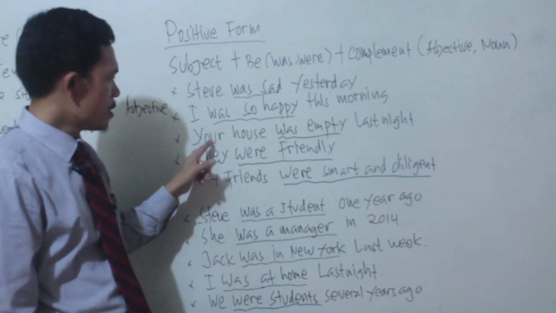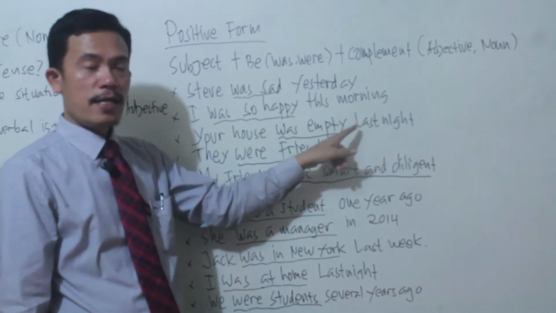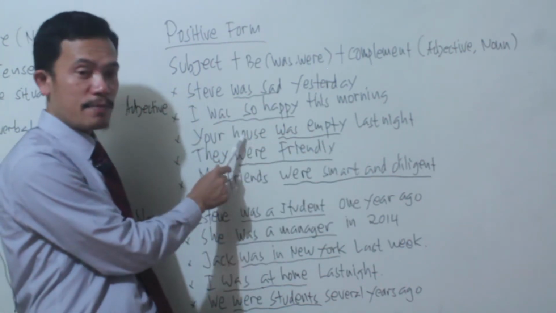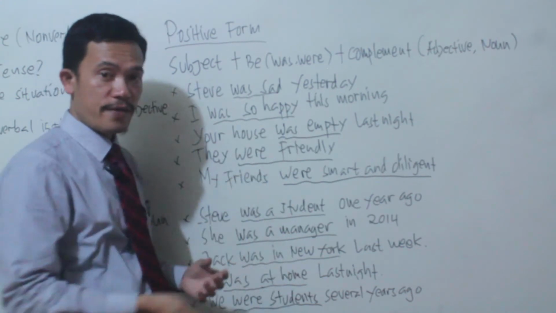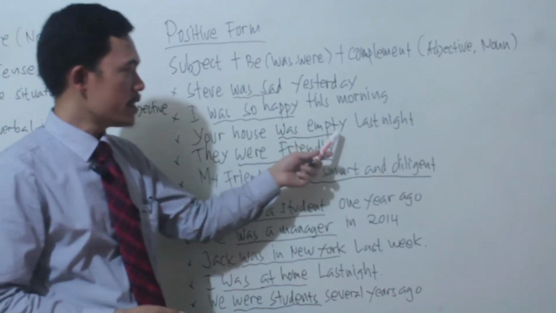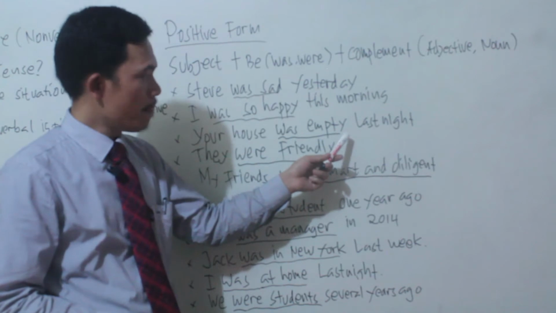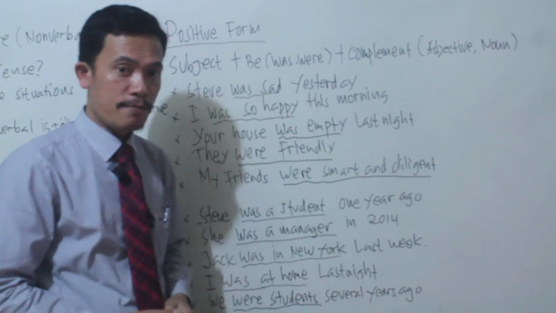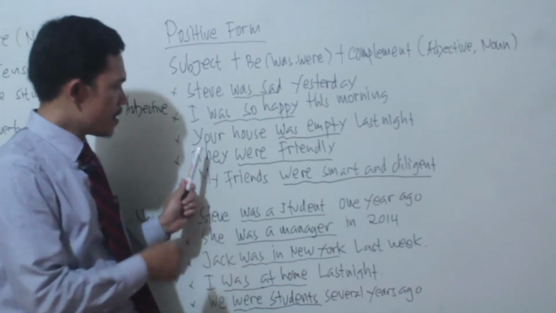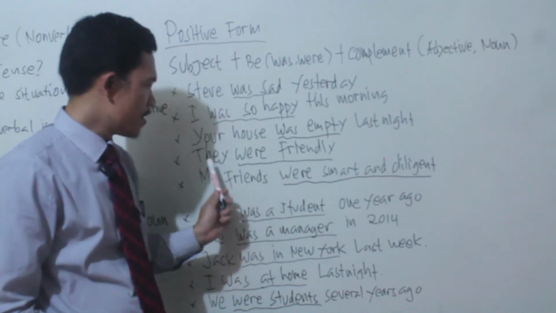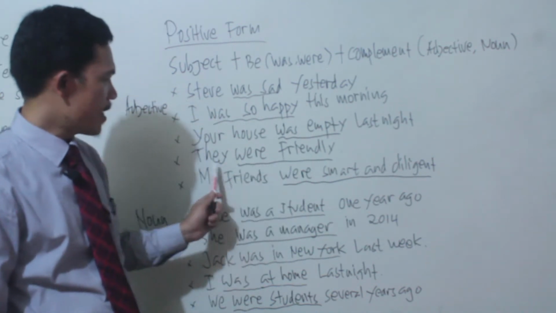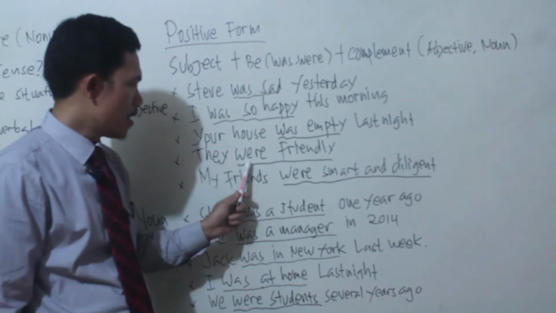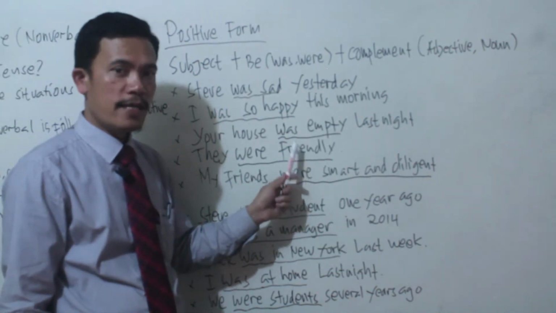Next, number three, your house was empty last night. Your house is subject, was is linking verb or be, and then empty is adjective, last night is adverb of time in the past. Next, they were friendly. They is the subject and were is be, and friendly is adjective.